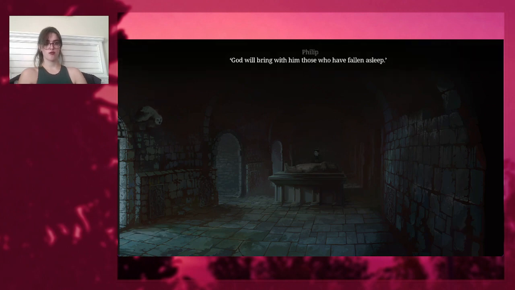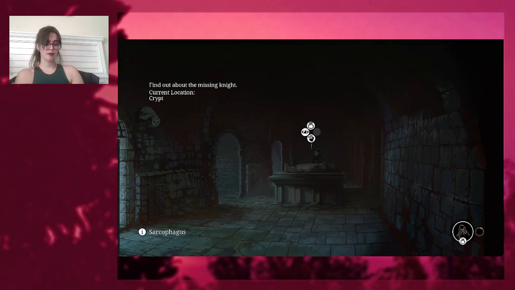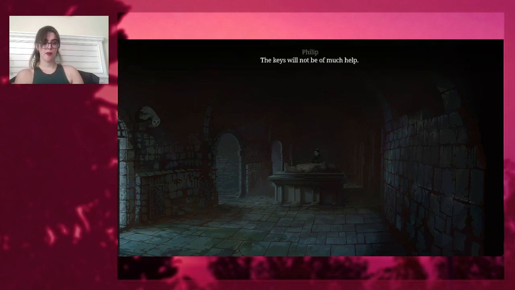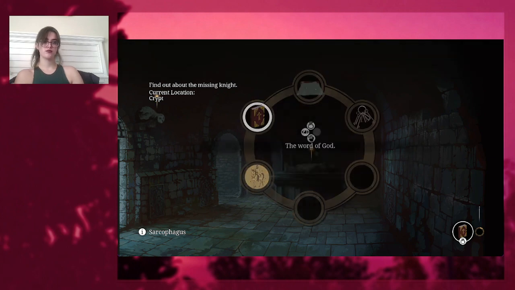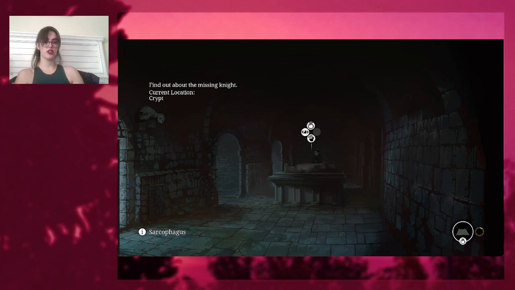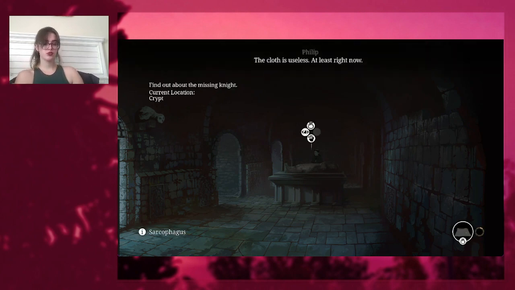God will bring with him those who have fallen asleep. The keys will not be of much help. The cloth is useless, at least right now.